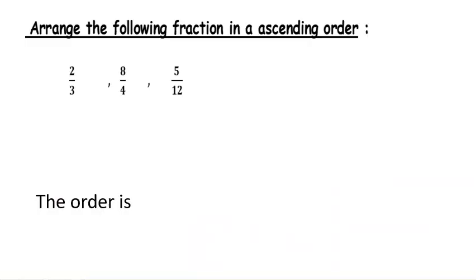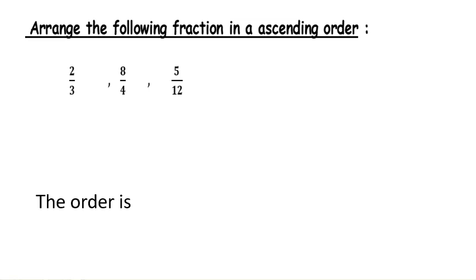Here, he asked you to arrange the following fractions in ascending order. Okay, I have here 2 out of 3, 8 out of 4, and 5 out of 12. I have 3 fractions, they aren't similar in the denominator. I want to make the same denominator to start the answer, okay?